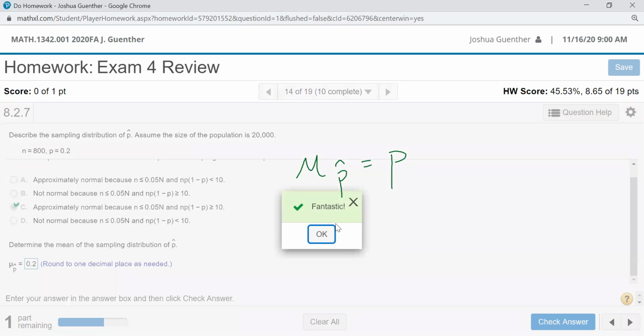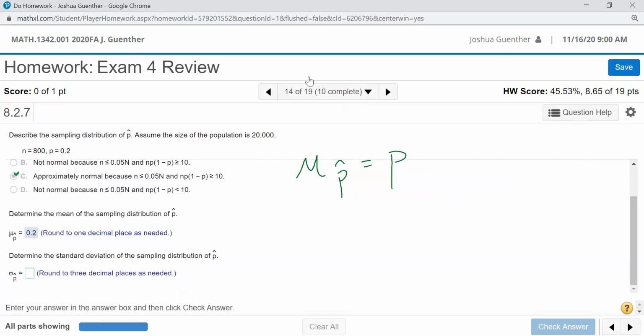So remember, these formulas are given to you on the formula sheet, but you really need to know their interpretation so you know when to use which formula. Sigma p hat is this weird long computation.